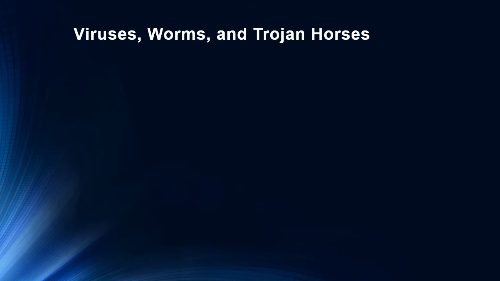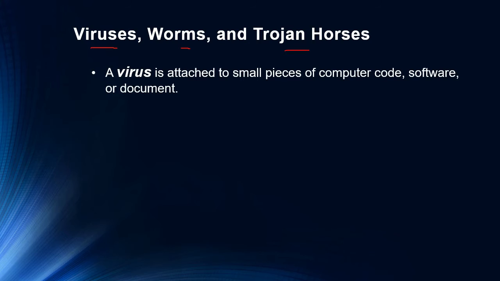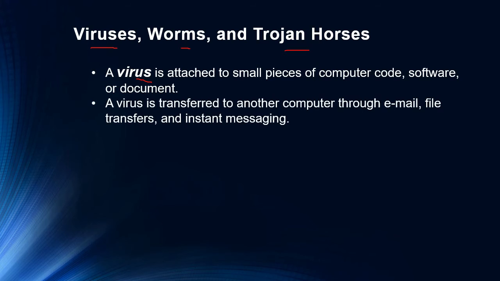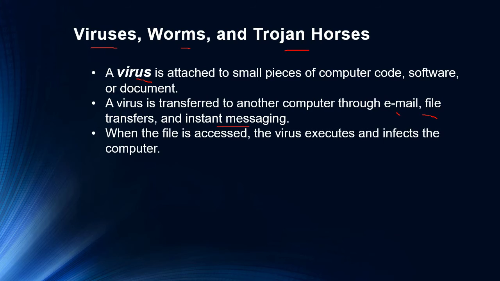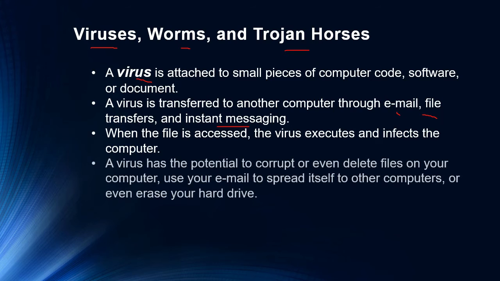Aside from those threats or security issues, we also have viruses, worms, and Trojan horses that may damage our computer and network. A virus is attached to small pieces of computer code, software, or document. It is transferred to another computer through email, file transfers, and instant messaging. When the file is accessed, the virus executes and infects the computer.